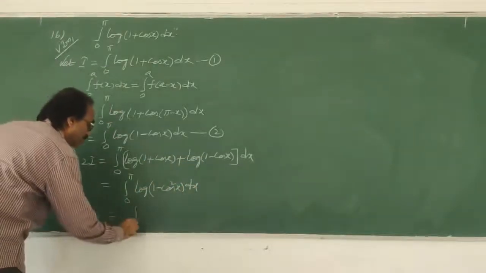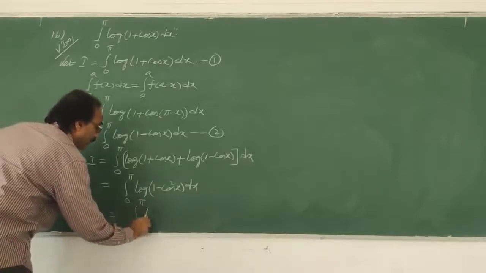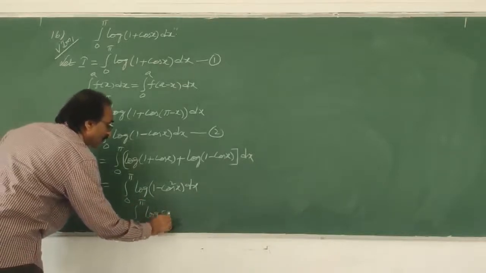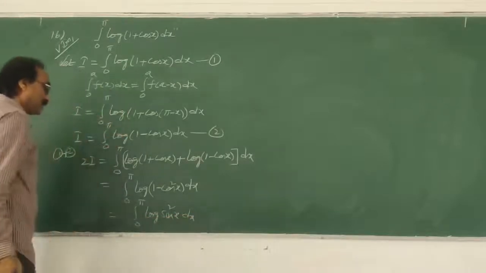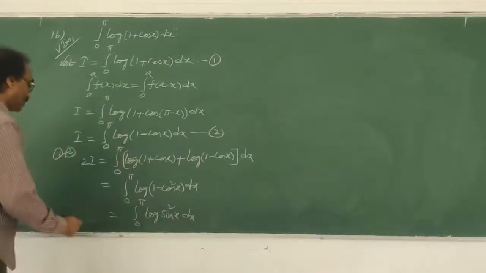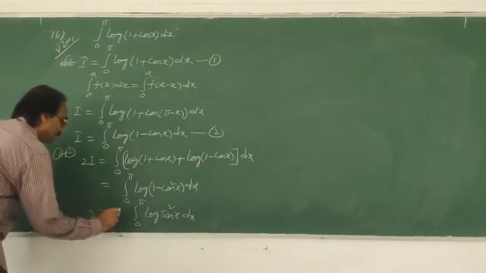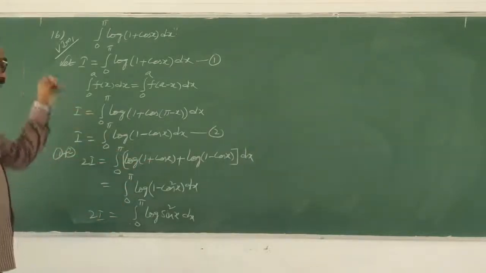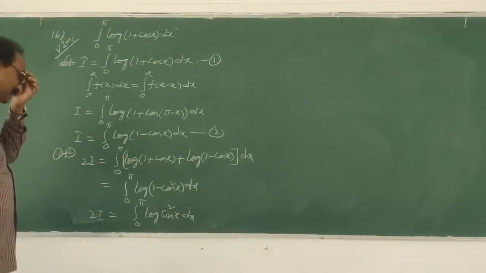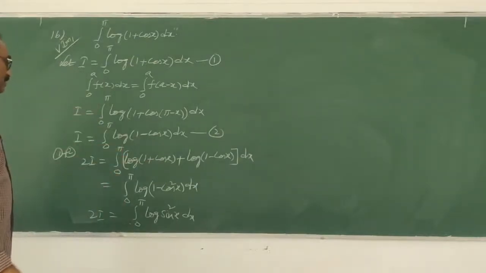What is 1 minus cos square x? Integral 0 to pi log of 1 minus cos square x, which is sin square x, dx. Correct? 1 minus cos square x is equal to sin square x, dx, 2I. This is 1 minus cos square x, sin square x. 2I is equal to, like that we got it, log sin square x dx.